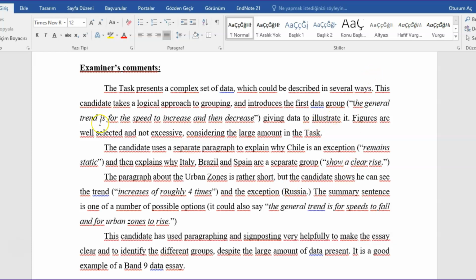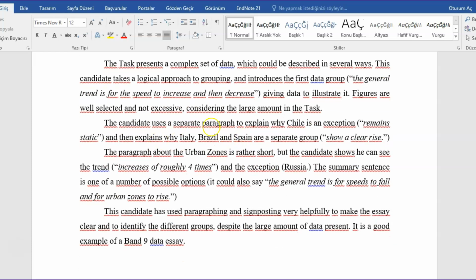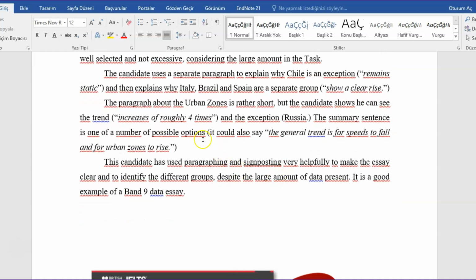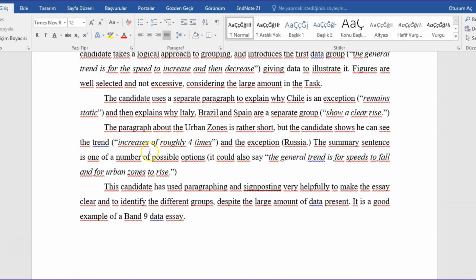We see the general trend and there is a good grouping of data, and after that, talking about Chile as an exception, which is static data, and about the group of countries with a separate group showing a clear rise, and for chart B we saw that the data increases almost 4 times, and we had one exception, which was Russia.